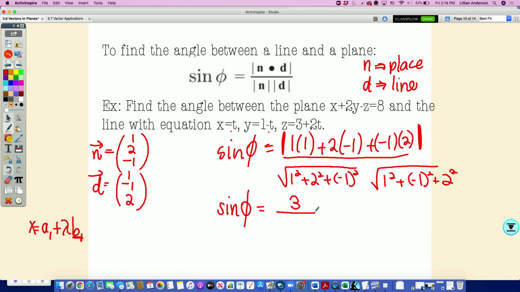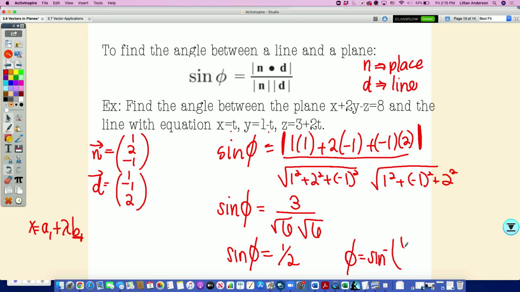What's that? √6. And yes, these two are the same thing. It won't always be like that. It just happens to be this time. So that's another √6. What's √6 times √6? 6. What's 3/6? 1/2. And to solve for an angle, you always have to do the inverse.